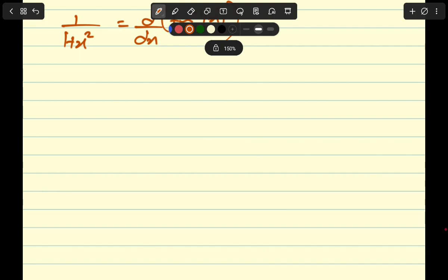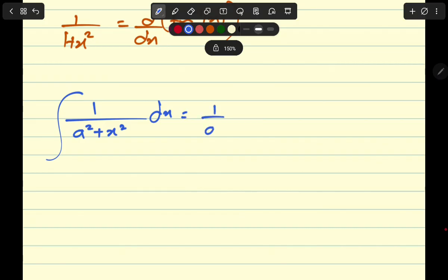So if you have something like 1 upon a squared plus x squared, integral of that with respect to x, you can simply rewrite it as 1 upon a tan inverse of x upon a plus c. So you can convert anything of this sort. So this is a constant squared.